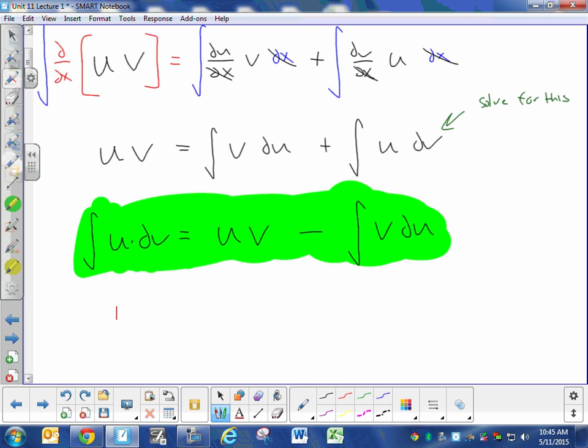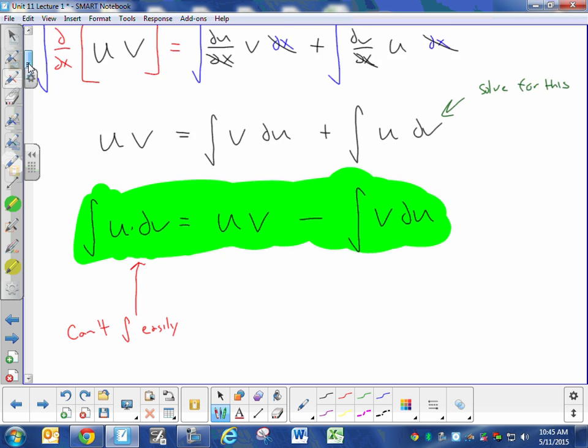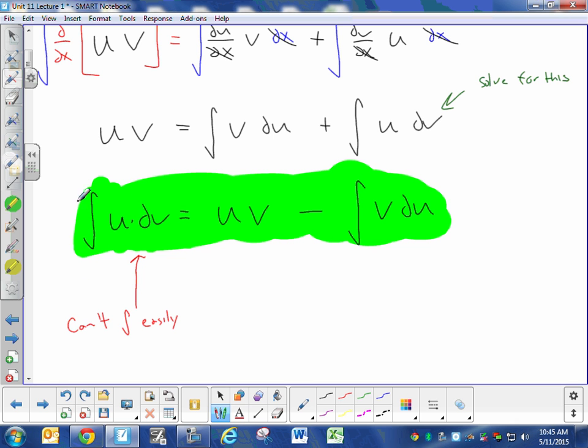Now, when we'll actually use this is when this is tough to antiderive. I don't want to just say u, I'm going to say the entire thing. I can't antiderive easily. So no rules, u substitution doesn't work.